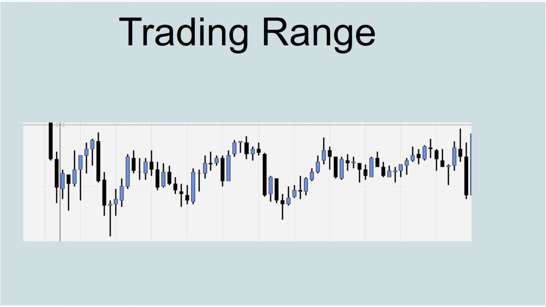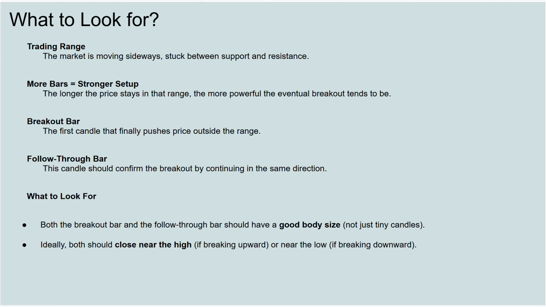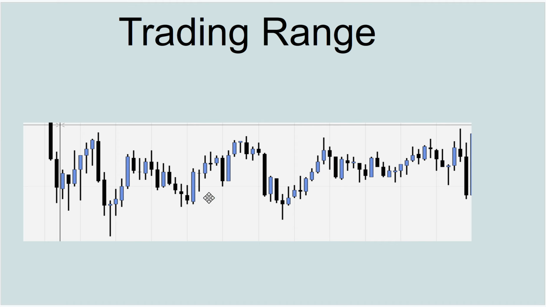Now we see how we want to trade it. As we discussed, in a trading range the market moves sideways, stuck between support and resistance. We already discussed that more bars or more time means a stronger setup. For example, in this one, see how many bars there are, maybe more than 30-40 bars.